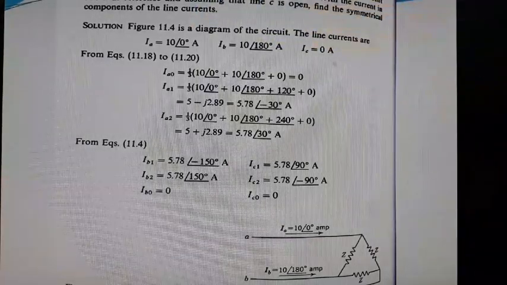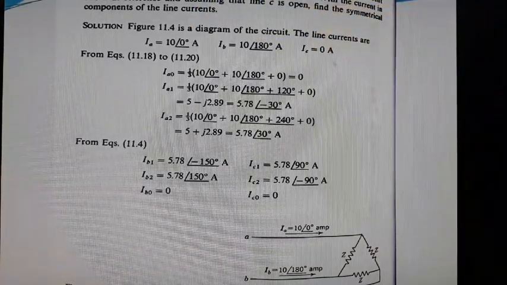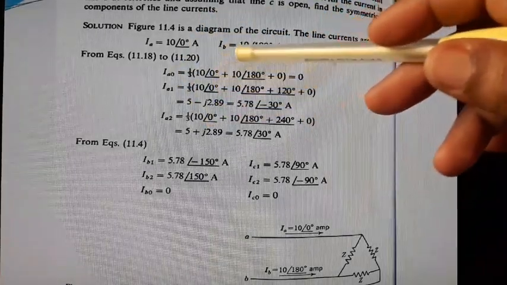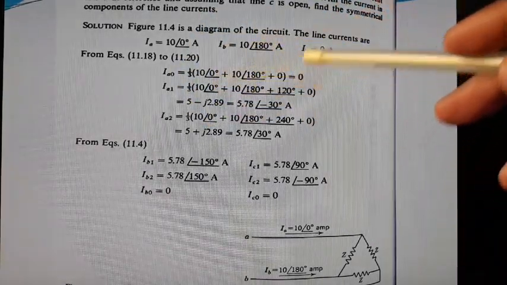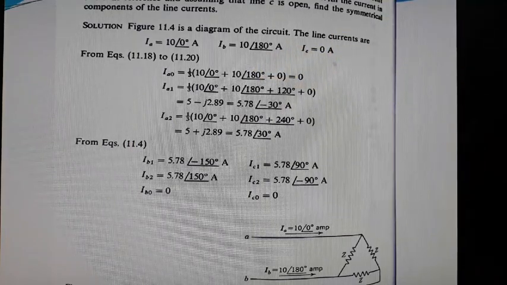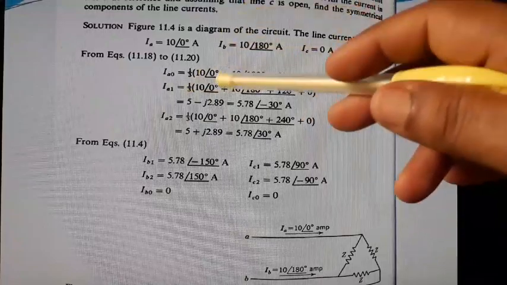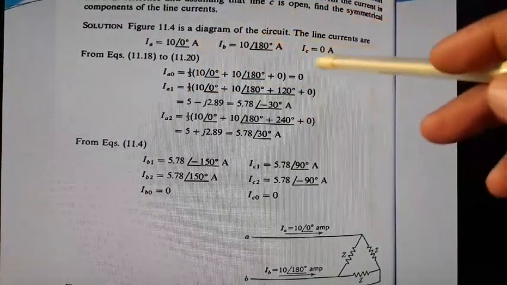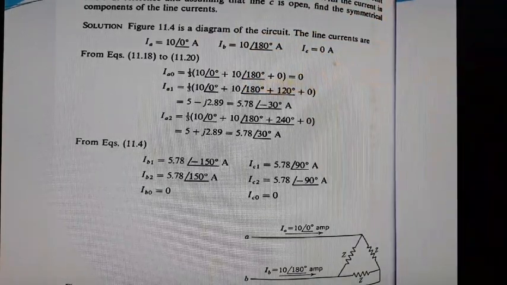As IA, IB, IC are known, we can find the symmetrical components. IA naught is 1 by 3 times IA plus IB plus IC. When we add IA plus IB plus IC, it must be equal to 0.